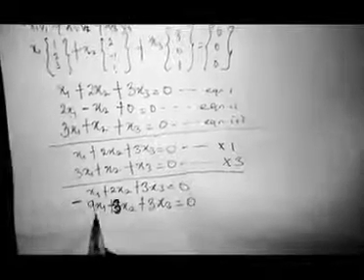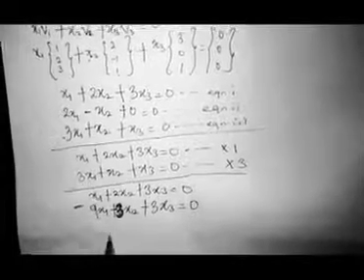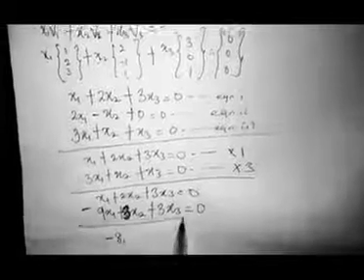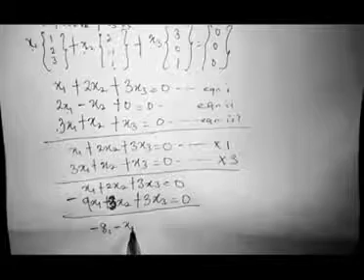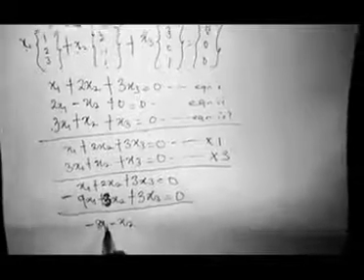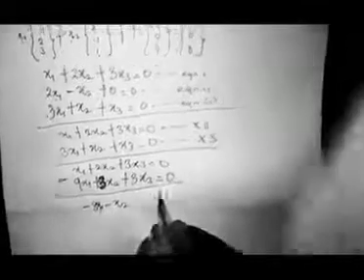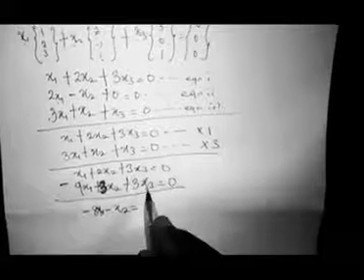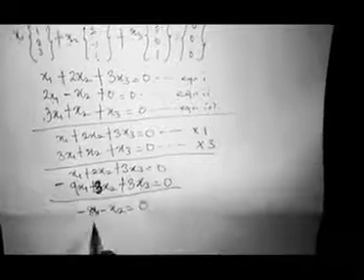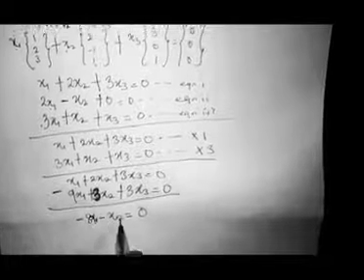So x1 minus 9x1 will give us minus 8x1. x2 minus 3x2 will give us minus x2. So minus 8x1 minus x2 equals 0, because the 3x3 minus 3x3 will cancel out.